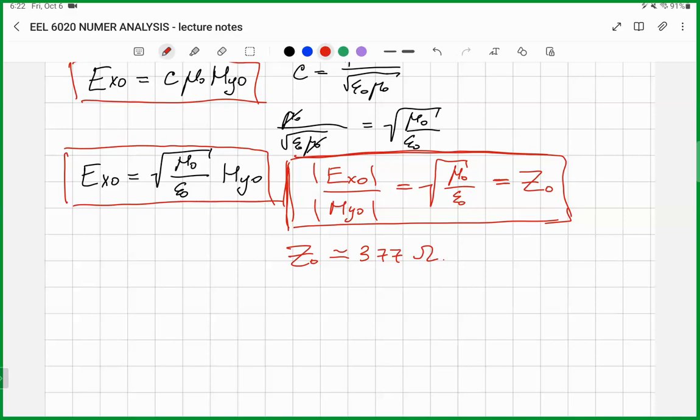But this is for the international system of units. If you remember from the first lecture, we stated that we will work in the SI system of units.